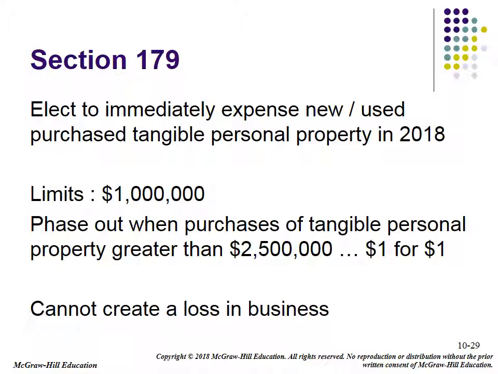What is the maximum Section 179? Well, they purchased more than $2.5 million worth of personal tangible property. So let's see how much more than $2.5 million. $900,000. So they must reduce that $1 million maximum Section 179 they can take by $900,000. So they can only expense up to $100,000 of assets in 2018.